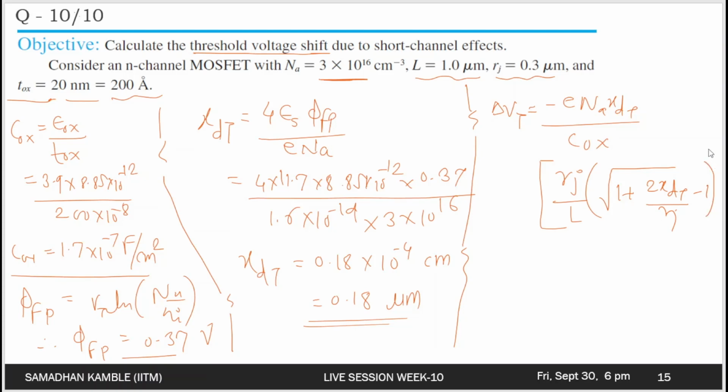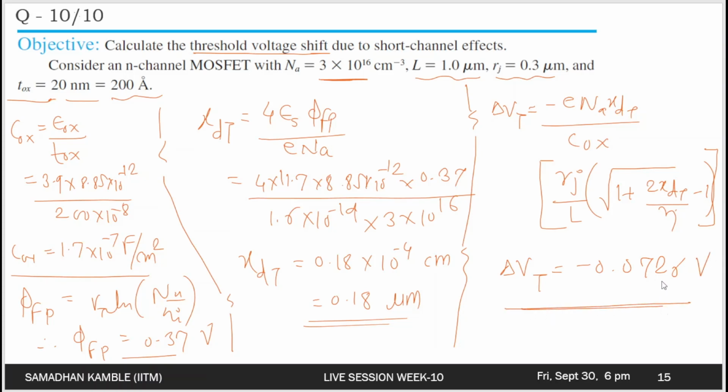Its derivation is given in Neamen's book quite nicely. You can refer to it later on. So if you substitute all these parameters that we have determined, we'll get the value of delta Vt simply as minus 0.0726 volt.